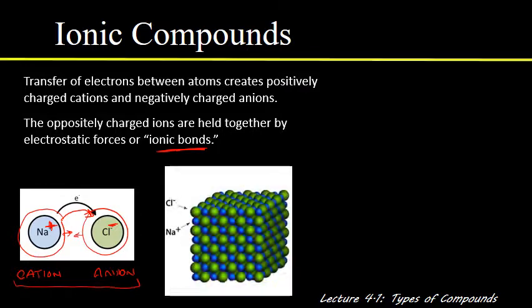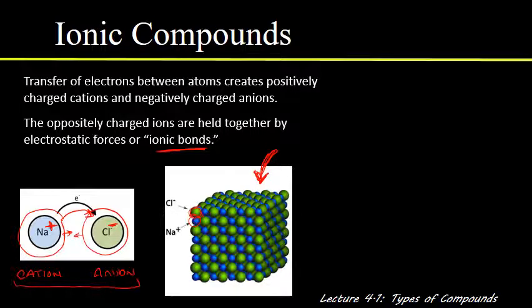And so on the microscopic level, what these look like is a large number of positive charges, the sodium ions in this case, and a large number of negative charges, chlorides, and they make this extended array of positive and negative charges. One of the things that's important here is that there are no individual sodium chloride units.